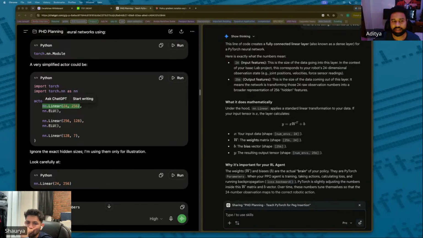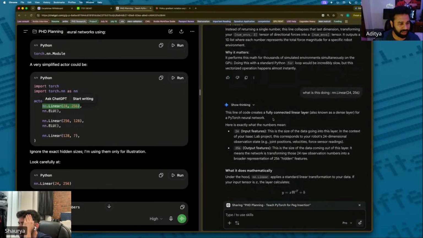All right, let's get started. Linear units, weight matrix, shape 256 by 24. What happened, bro?